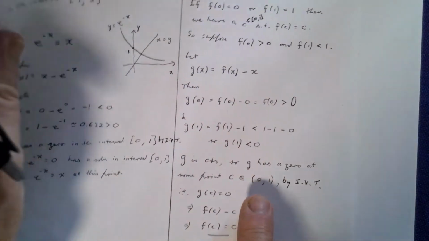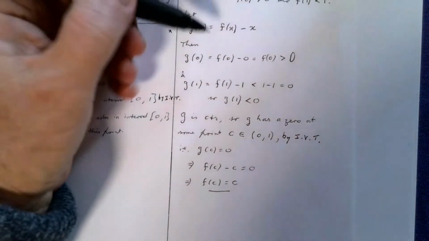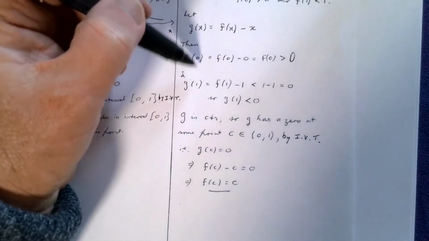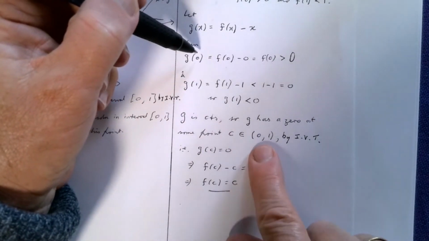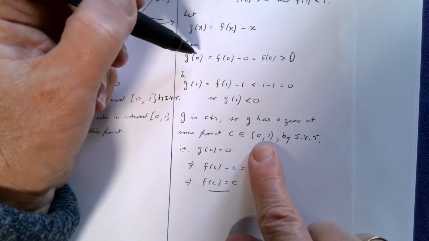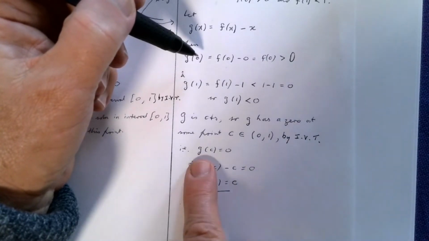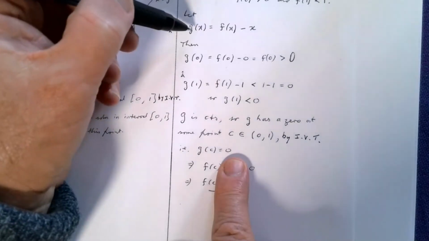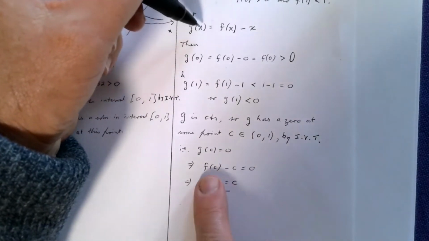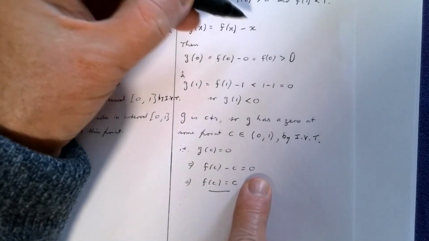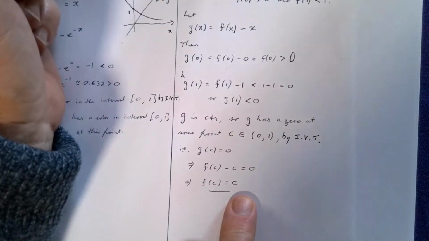So by the intermediate value theorem, this function g is continuous. It changes sign between 0 and 1, so there must be some 0 in between the two of these ones, i.e. g of c is 0. And finally we put the c back up into here. G of c is 0, so f of c minus c is 0, so f of c is c.